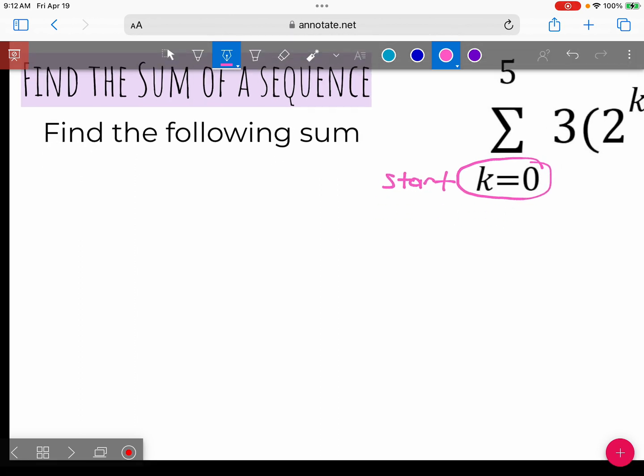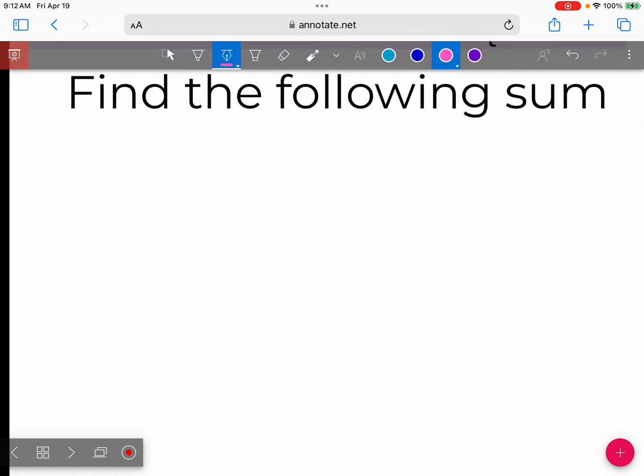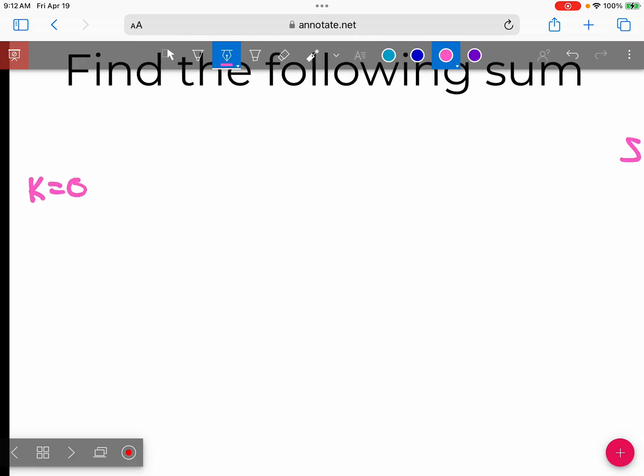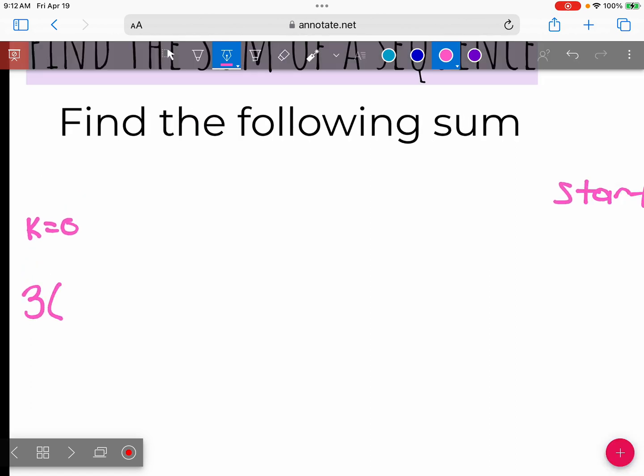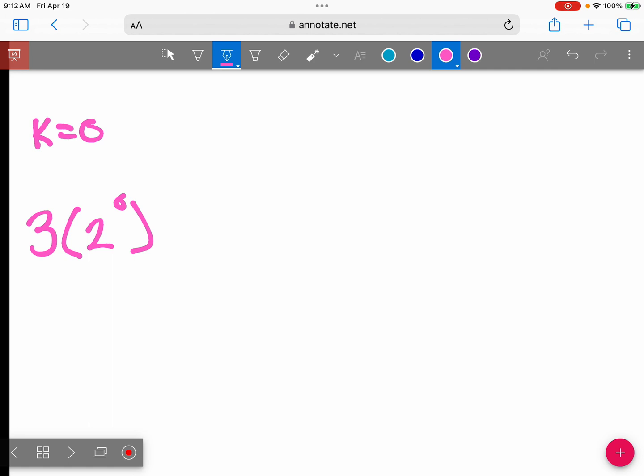I'm going to come all the way to the left, and I'm going to start with k equals 0. And we're going to substitute it into our rule. Our rule being 3 times 2 to the 0. Well, 2 to the 0 is 1, exactly right.